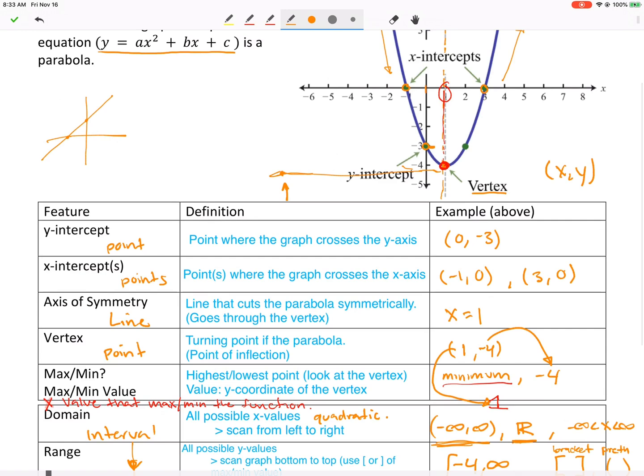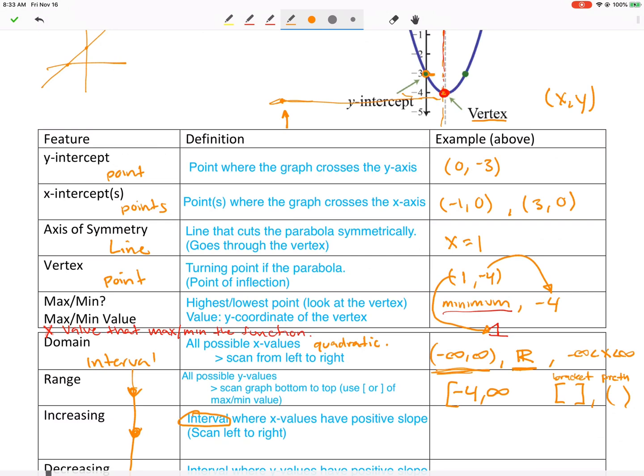So if we look at this range, it starts at -4, and -4 is in that graph. So we include that. And you may say, well, why do we put parentheses around infinity? Well, we do parentheses around infinity because infinity is not a number, okay? You never reach a value. So infinity is not a value.